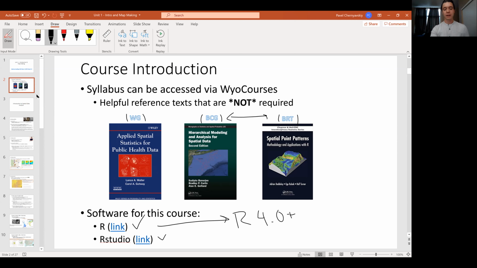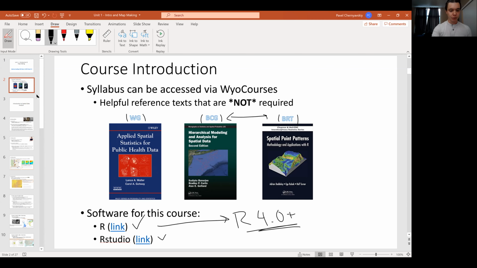So for my code to work on your computer, I hopefully will always test my code on my computer. And so for your code to work on your computer, I recommend that you upgrade to R 4.0 or higher. RStudio, the latest version available, should do the trick.